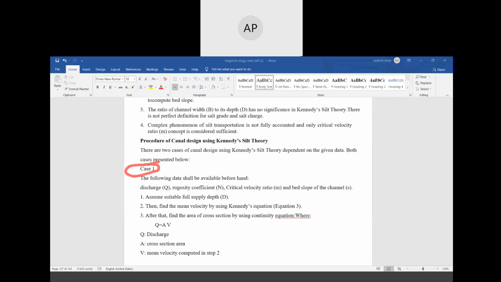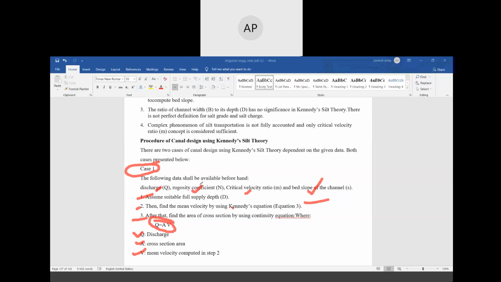For case 1, the following data shall be available beforehand: discharge, rugosity coefficient, critical velocity ratio m, and bed slope. Assume a suitable full supply depth d. Then find the mean velocity by using Kennedy's equation 3. After that, find the area of cross section by using the continuity equation, Q equal to AV.